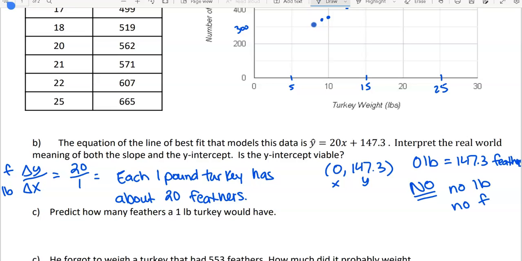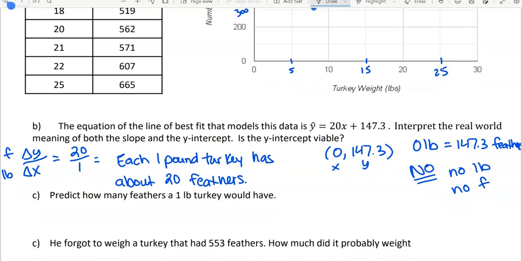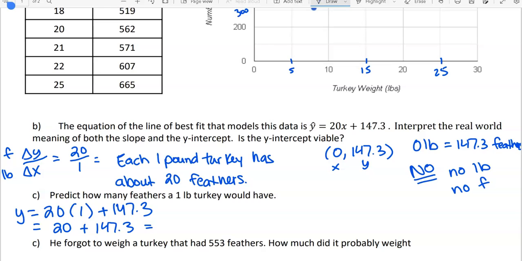All right, predict how many feathers a 1 pound turkey is going to have. So what it wants me to do is take the equation of 20x plus 147.3 and plug in a 1 for x because that's my pounds. So 20 times 1 is 20, and then if we add 147.3, we're going to predict that a 1 pound turkey, what is that, 167.3?